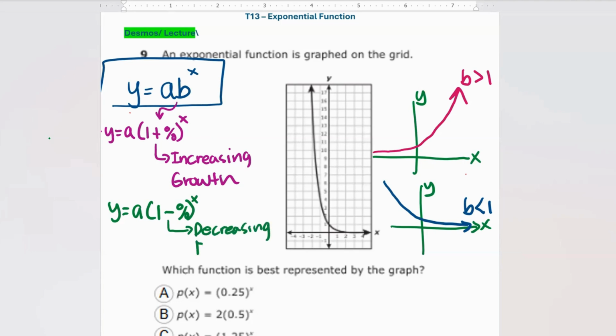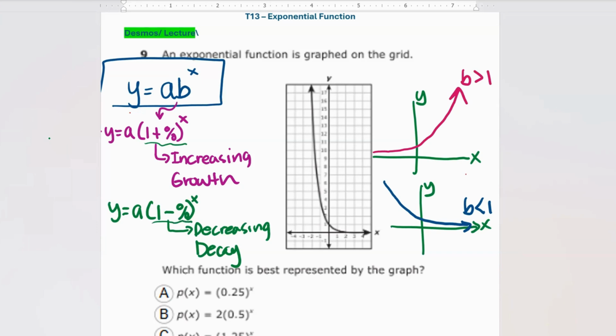So this is decay. That's what you just need to understand. If inside the parenthesis is 1 point something, it's increasing. If it's 0 point something, it's decreasing.